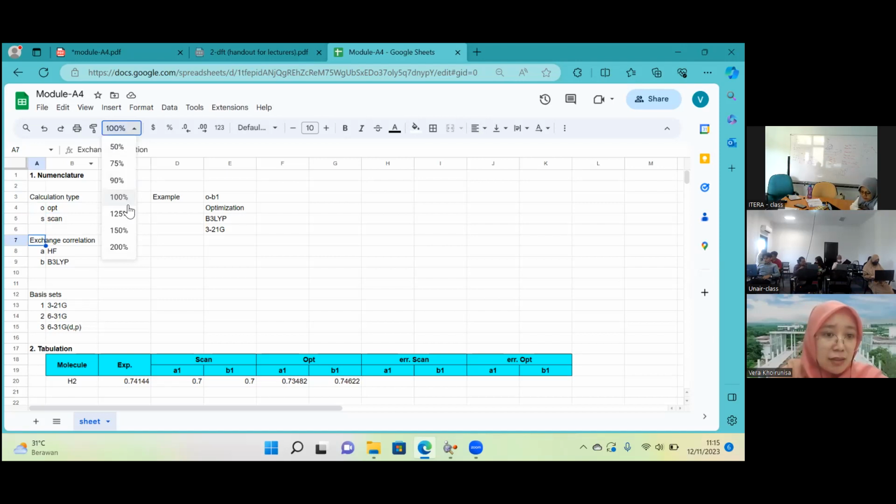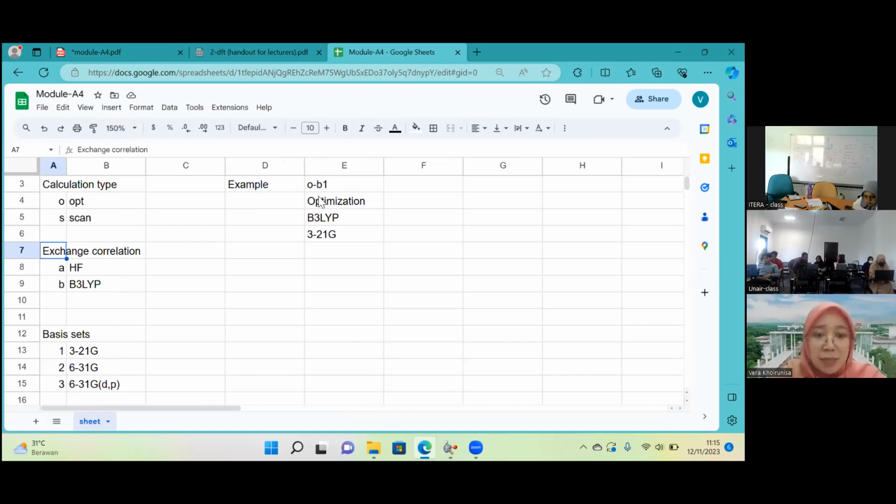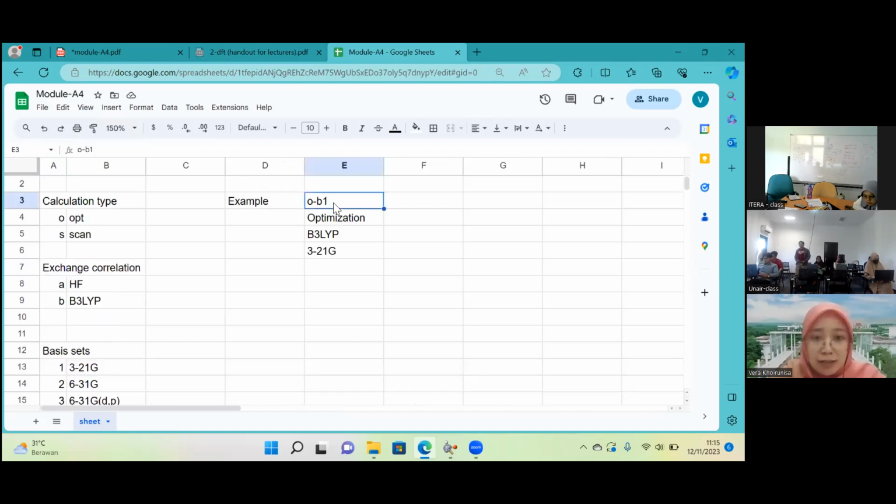Yes, I can see it. So this is the exchange correlation, A will be HF. So for example, I have a file name OB1. It means that I do an optimization or OPT calculation, B means B3LYP, and 1 means 321G.